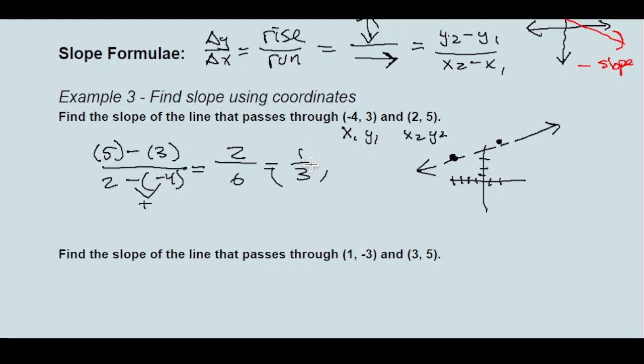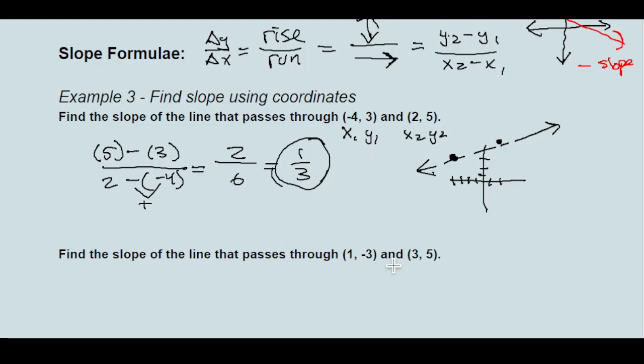So this answer makes sense. It is going up, and what it means is it's going up 1 for every 3 it goes over. It goes over 3, it goes up 1. Goes over another 3, it goes up 1. So this is not a particularly steep slope. As the numbers get larger, the slope gets larger, and that means it gets steeper.